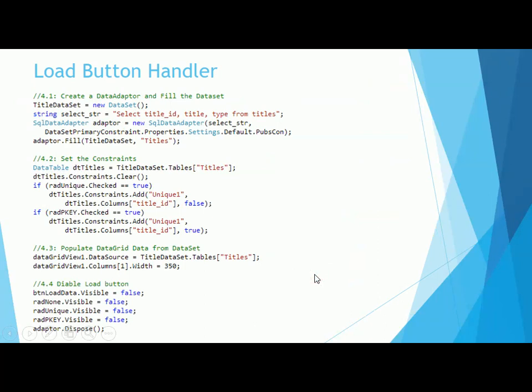So here is the load button handler. In the load button handler, first we create a data set, which we saw is declared as global. Then we use a SQL string which takes data from the PUBs database. This is where you have to make a change if you don't have the PUBs database. You can Google it to get the PUBs database.